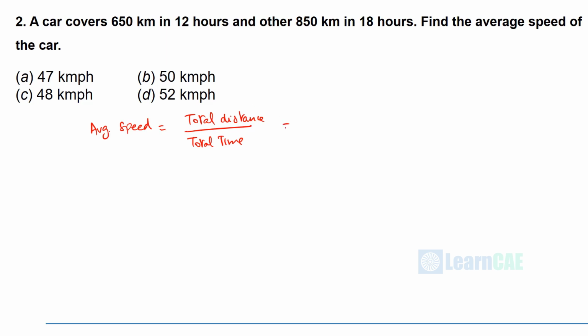The total distance is 650 kilometer plus 850 kilometer, and the time taken is 12 plus 18. This is equal to 1500 divided by 30. This is equal to 50 kilometer per hour. The answer is B.